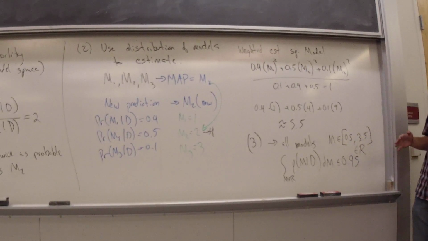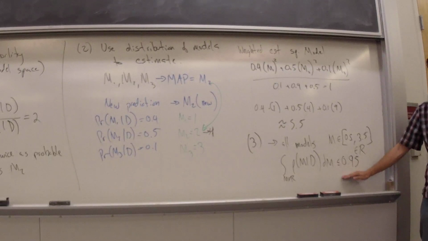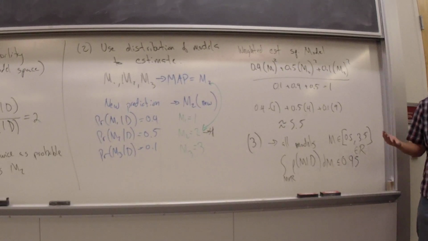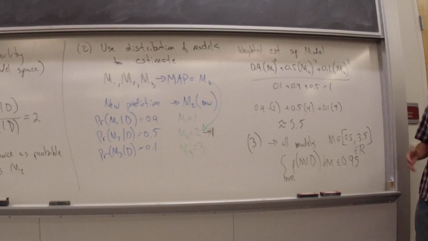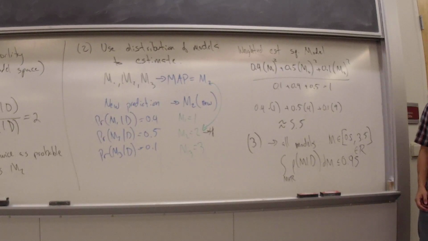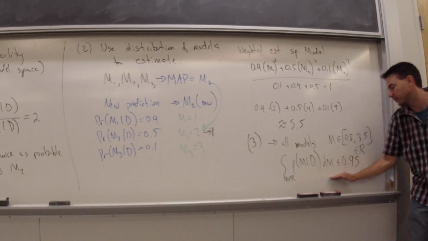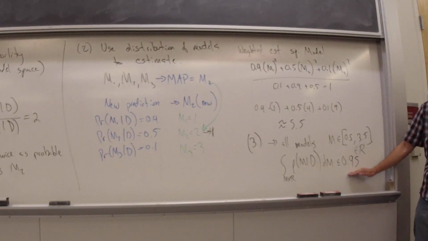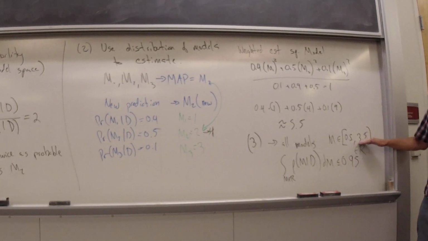So I can start to write down actual probabilities, and this is related to hypothesis testing, where you want to be 95% confident that something is true. Say with 95% confidence, the model is in here. If the integral of this is bounded by here, then I can say 95% confidence.